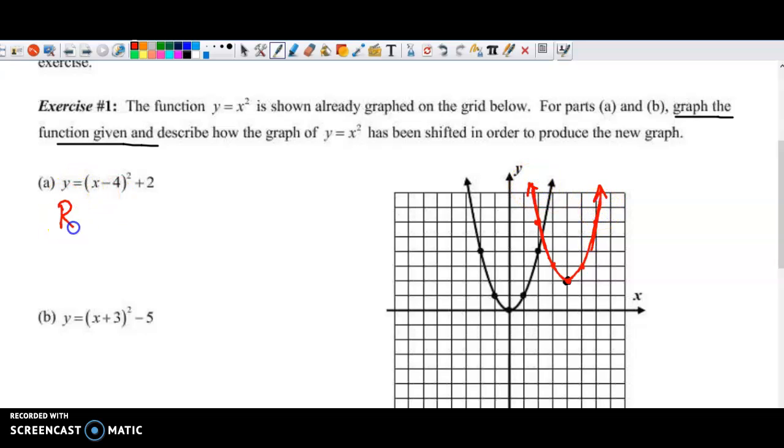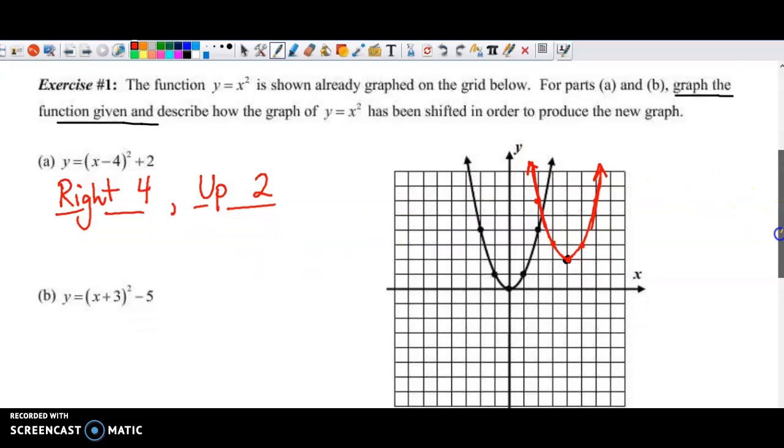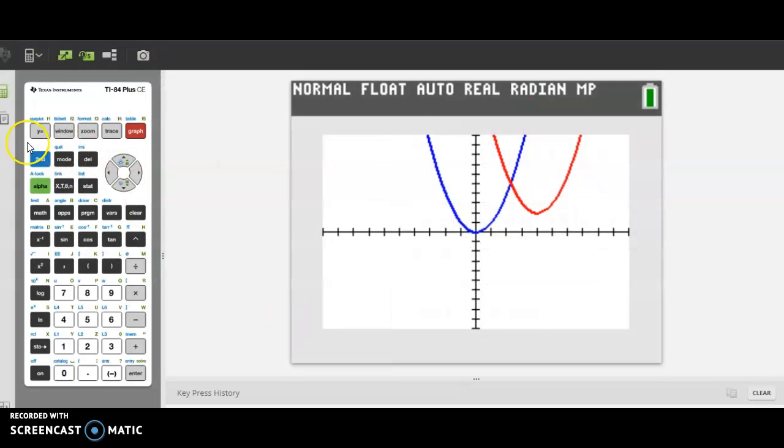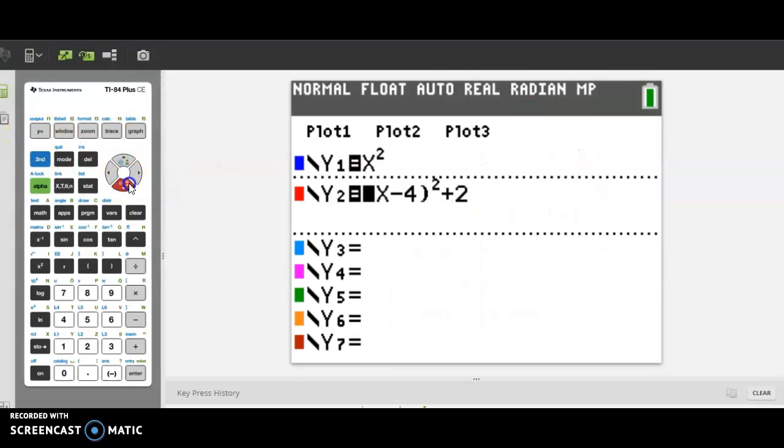It went right 4 and then up 2. Maybe just think about it for right now, and let's see if there's a pattern between those values and the other one. So I'm going to do part B with a different color, and I think mine's set up as a light blue.